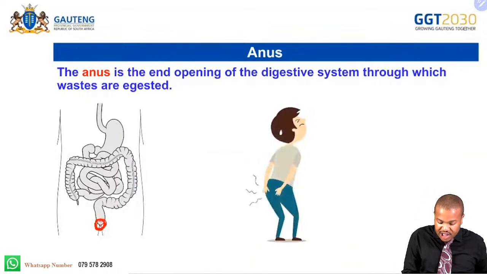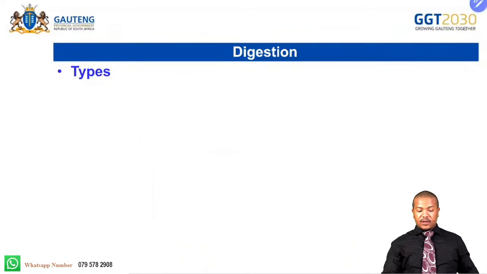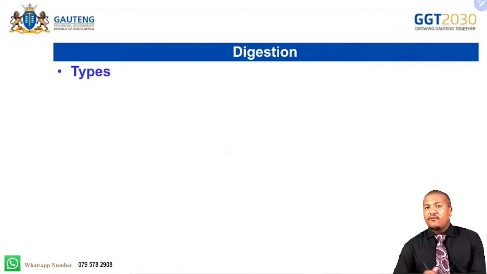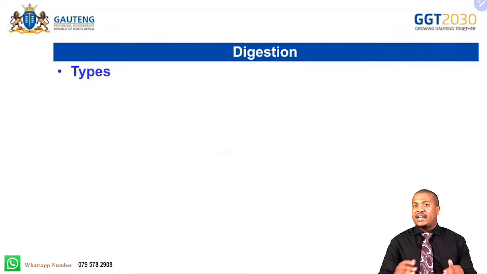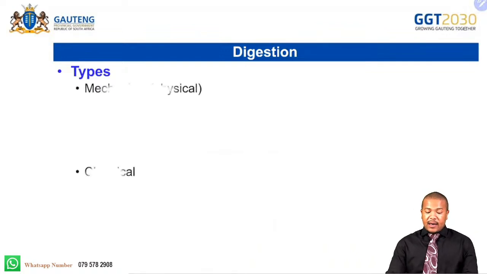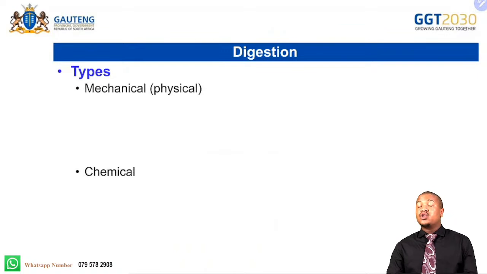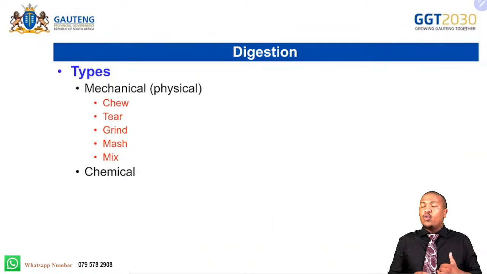egestion. Now, there are two types of digestion that we need to highlight: mechanical digestion and chemical digestion. Reminding you again, mechanical is the physical part of digestion, where we break down food by chewing, tearing, grinding, mashing, and mixing the food with our tongues.